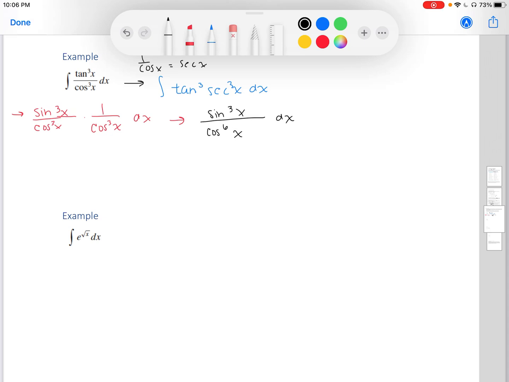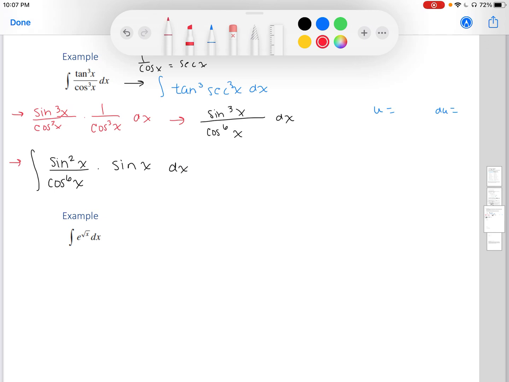Now, if we're using sine and cosine, we need to keep one of them, the derivative of it, as an extra pairing, depending on where you're making your u-sub. So let's use a sine as an extra, so that we have the integral of sine squared x, and let's have a sine left over, over cosine to the 6th power x dx.